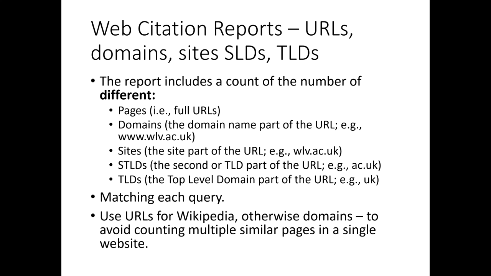So for Wikipedia, we're interested in the number of pages, so we would just use the first one. So I'd recommend using the first one unless you have a special reason to use another one, and that special reason might be there's lots of pages in the same website contain duplicate citations of some of your articles.